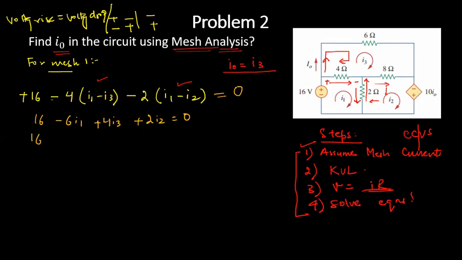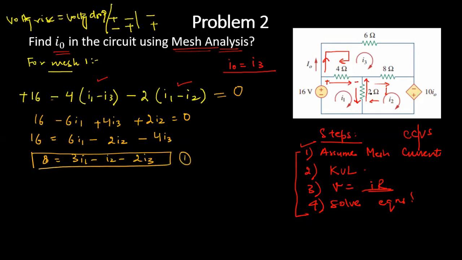Or we can write 16 is equal to 6I1 minus 2I2 minus 4I3. Or we can make it as simple again. We can divide it by 2. So we will get 8 equal to 3I1 minus I2 minus 2I3. So let this be my first equation.